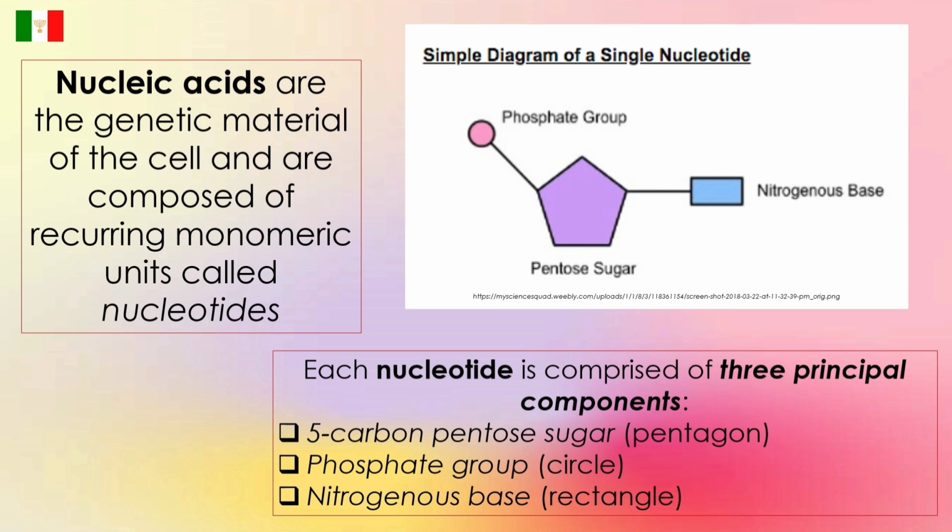The last major category of biomolecules is nucleic acid. Nucleic acids are the genetic material of the cell and are composed of recurring monomeric units called nucleotides. Nucleic acids are biomolecules that contain the blueprints for making proteins.